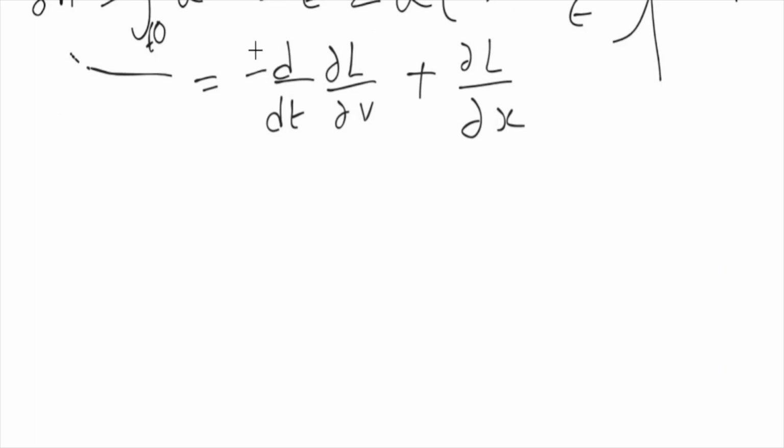Or you can write it here just like this, epsilon here, like this. So it means this action is equal to d by dt of derivative of Lagrangian with respect to velocity with minus sign, plus derivative of Lagrangian with respect to position.